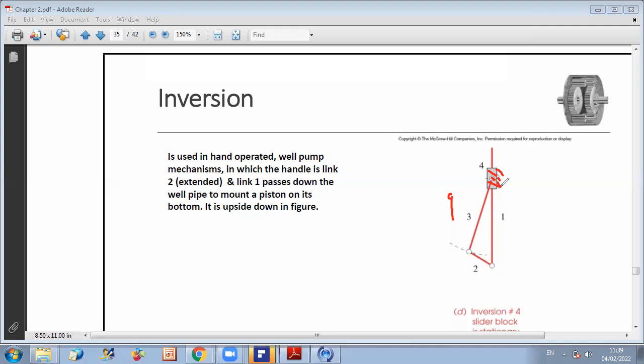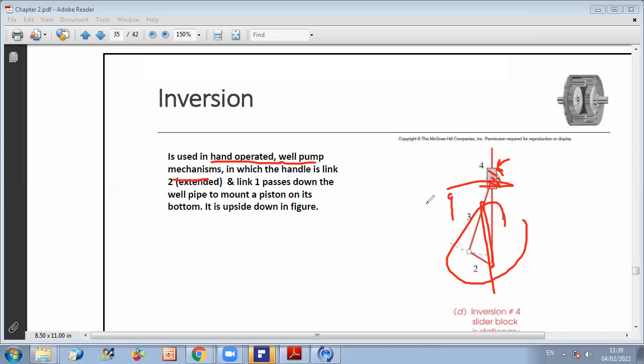Now, you will tell me, what is the purpose of getting this fixed? This will allow you to create a certain output for other links. We'll see that this mechanism is used in the hand operated well pump mechanism. The idea of this system is to move a certain object back and forth relative to a fixed one.